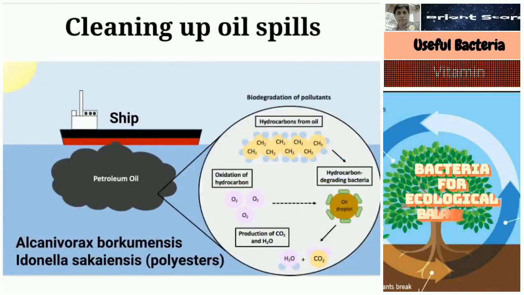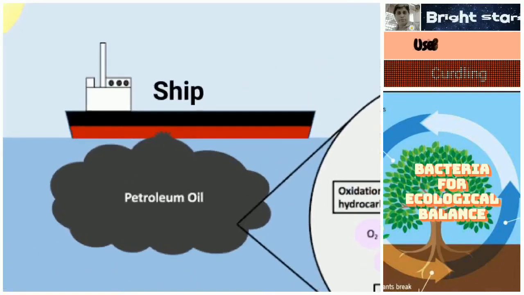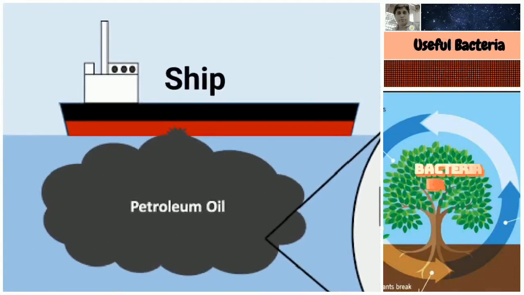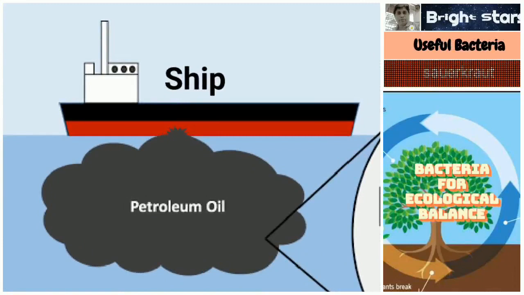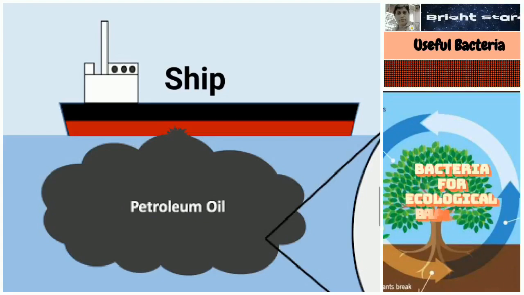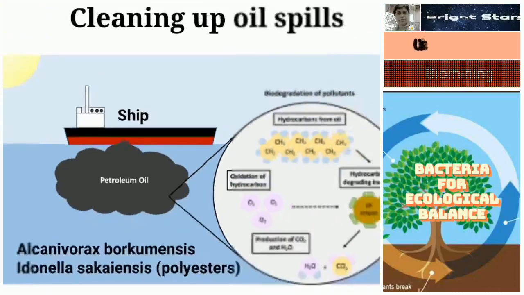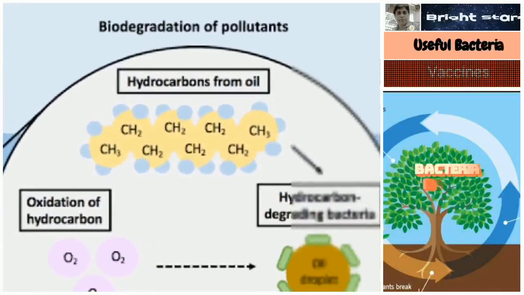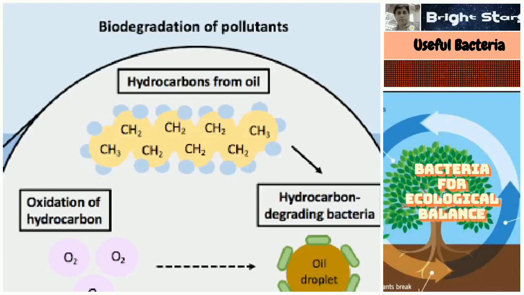Next, cleaning up of oil spills. For example, oil is transported from one country to another through ships, tankers. Sometimes accidents may occur, so oil may spill out of the ship and spread several hundreds or thousands of kilometers over the surface of the seas and oceans. They will kill a number of organisms, fishes, whales, dolphins, octopus, and different kinds of plants and animals in seas and oceans.